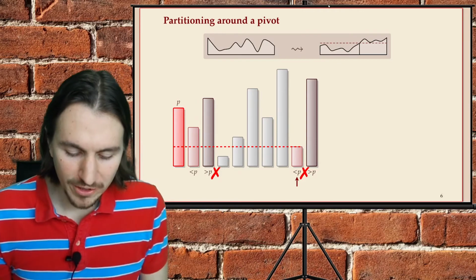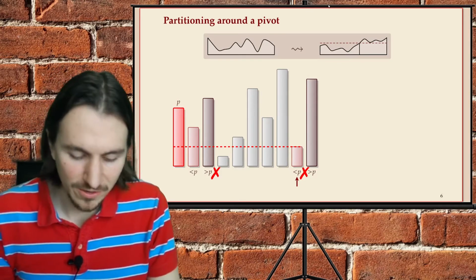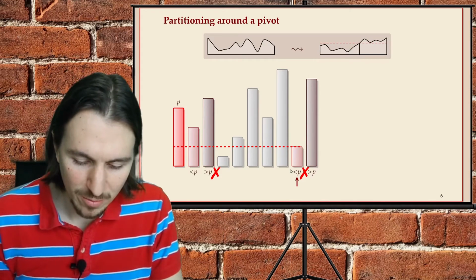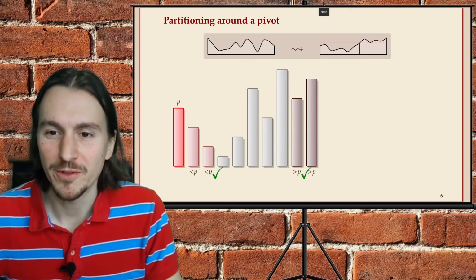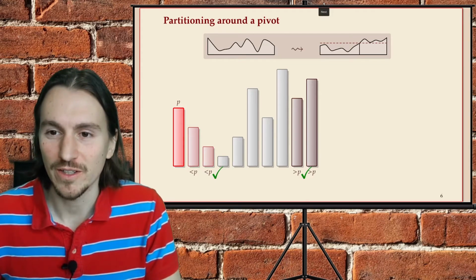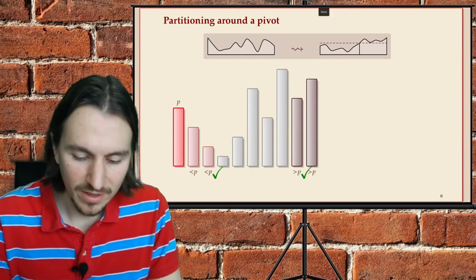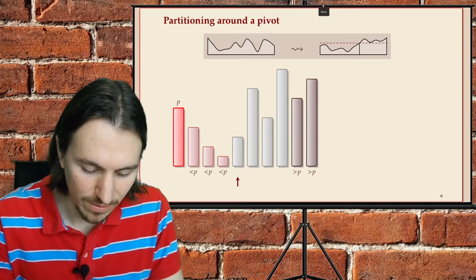And so we just leave it where it is. But the next element is smaller than the pivot. So these two now, we have a pair of elements that are both in the wrong order. Why don't we just swap the two? And with one swap, we get both elements on the right side, on the side that they belong. That's what makes this partitioning method efficient. You get two things done in one step.